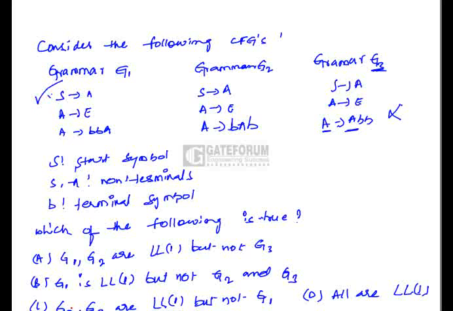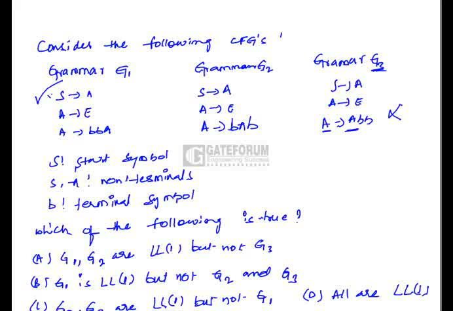And if we construct the parsing table for grammar G2, then we'll be getting multiple entries for the row A, under the column B. The multiple entries would be A gives epsilon and A gives BAB. That means B predicts both A gives epsilon and A gives BAB.